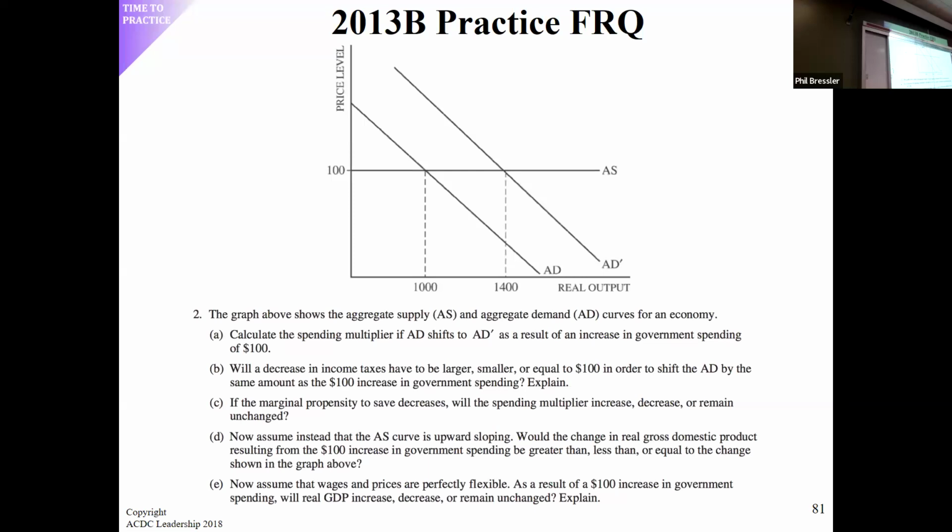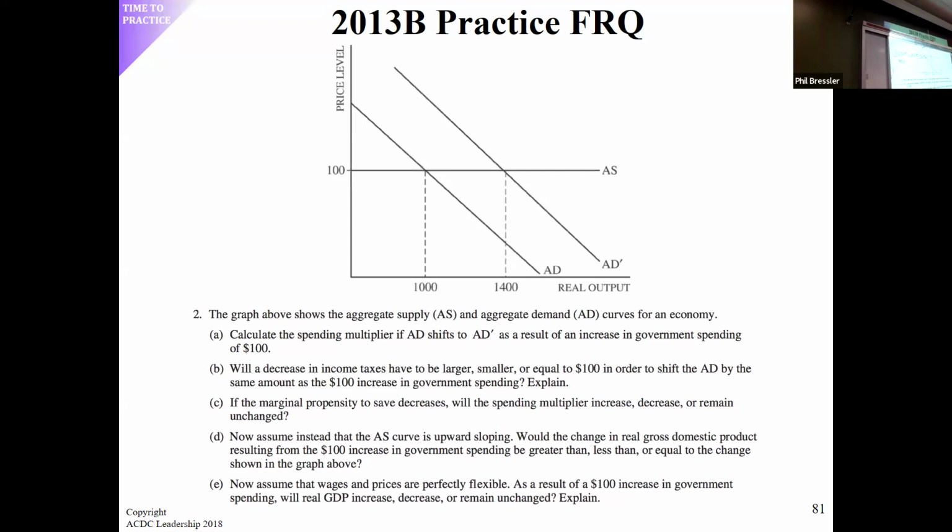How much does AD increase from AD to AD prime? It increases 400. So the change in GDP is going to be 400. Now, that equals the multiplier times the initial. What is the initial, Mr. Gardner? 1,000.